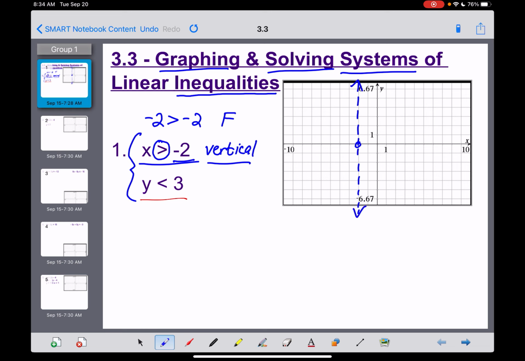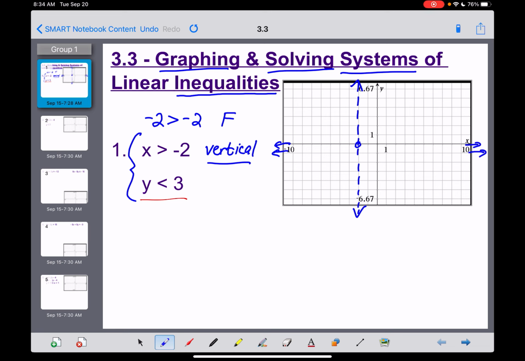And now, we have to worry about shading. We want to shade all points out there that satisfy this statement, all the x values greater than -2. As you recall, your x-axis, of course, runs horizontally. It goes to the right and it goes to the left. The lesser values on the x-axis are out here on the left. The greater values are out here on the right.